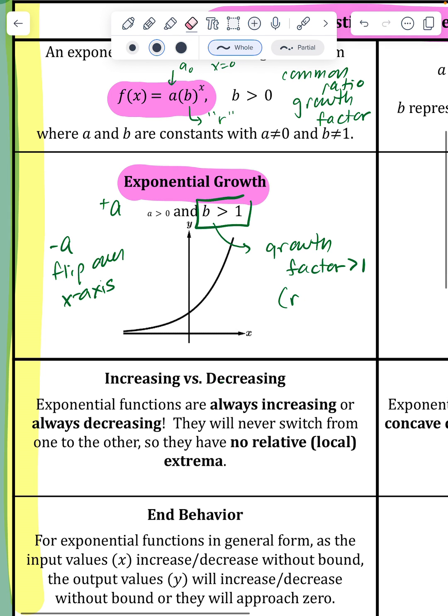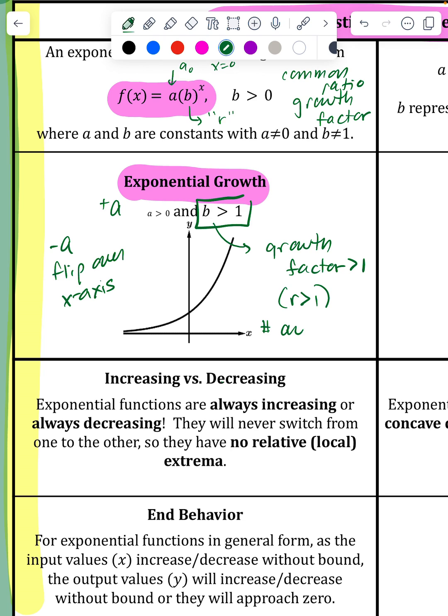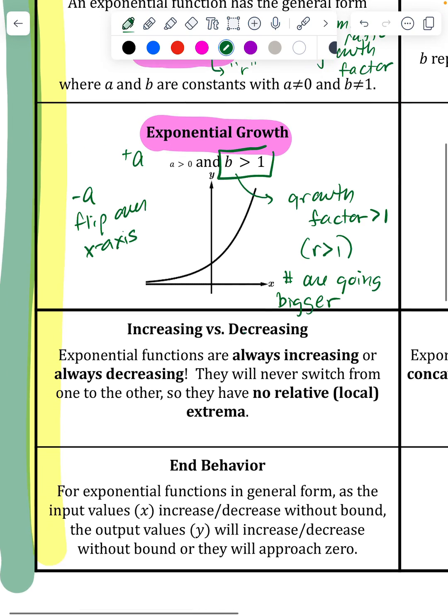So you'd be multiplying by a 2 or a 3 or a 5 or anything greater than 1. In that situation, your numbers are going to get bigger, and they're going to get bigger faster. Because let's say it's a 2, things are going to double and then double and then double. And so it gets bigger faster and faster and faster.